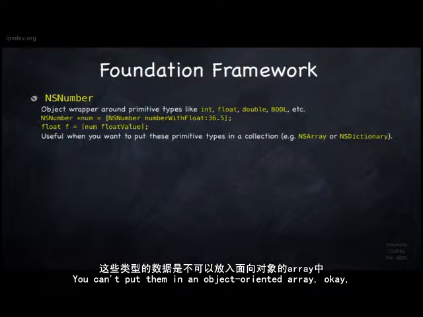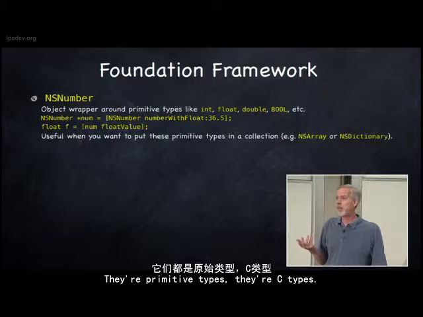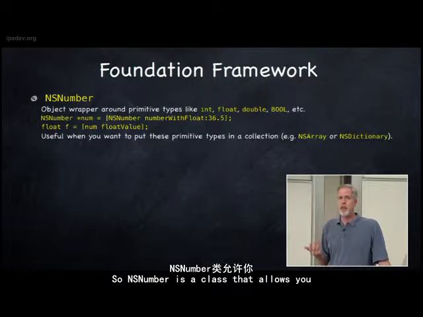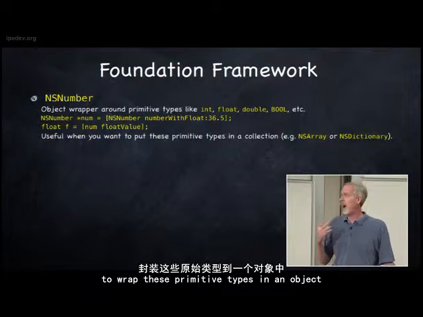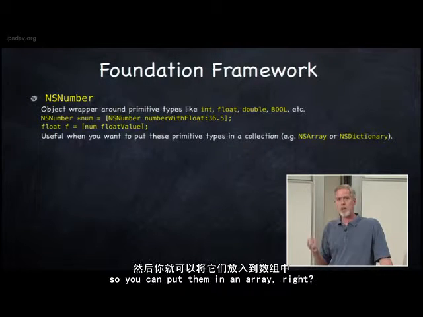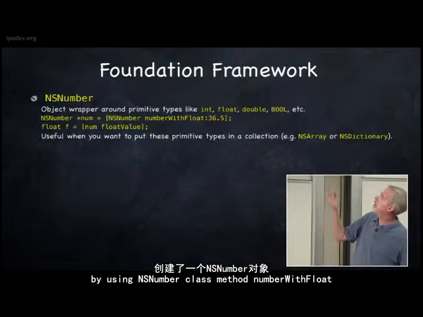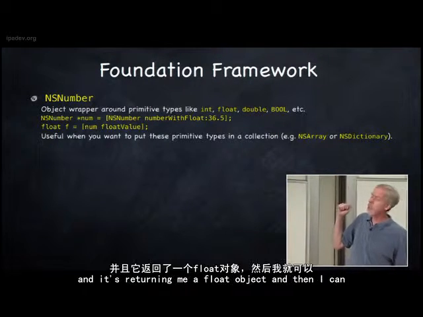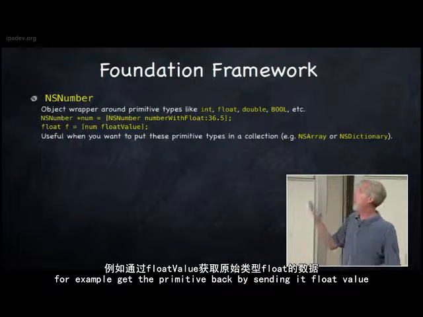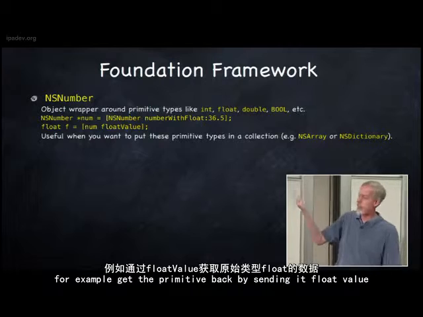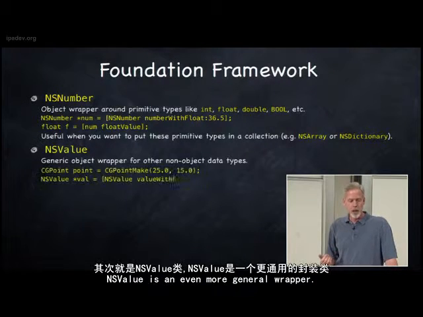You can't put them in an object-oriented array, because they're not objects. They're primitive types. They're C types. So NSNumber is a class that allows you to wrap these primitive types in an object so you can put them in an array. Like here I'm creating a number by using the NSNumber class method numberWithFloat, and it's returning me a float object. And then I can, for example, get the primitive back by sending it floatValue, or I could put it in an array or a dictionary or something like that.